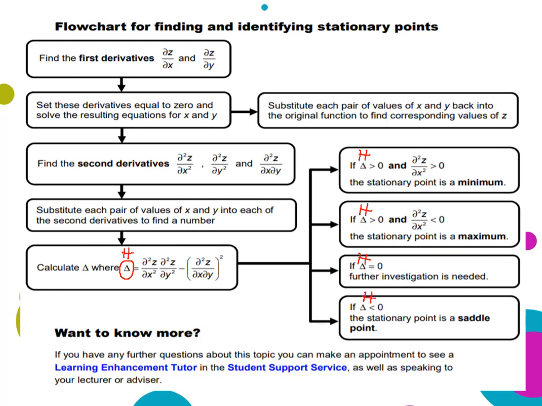This is for whenever your Hessian is greater than 0, this is Hessian equal to 0, and this is Hessian less than 0.